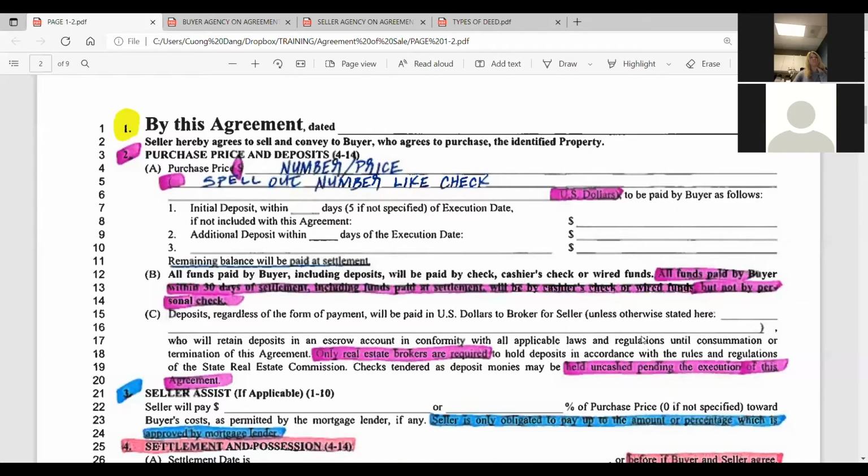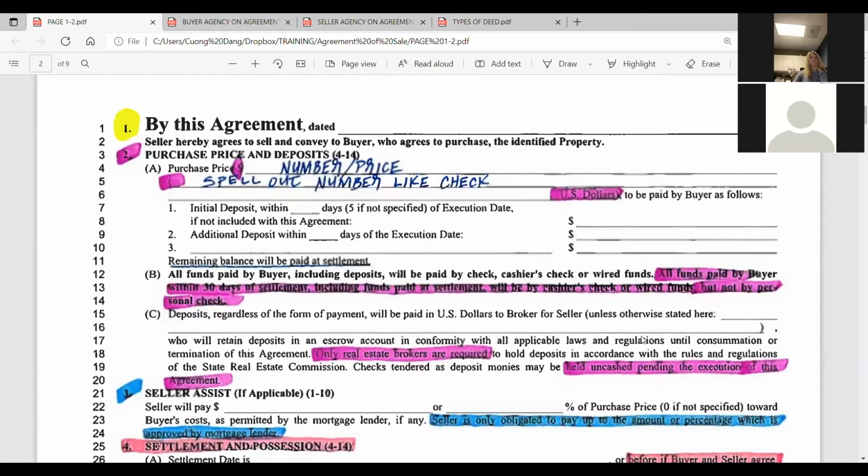Now, the next sentence is a big one because Seth is always on you about this. All funds paid by buyer within 30 days of settlement, including funds paid at settlement, will be by cashier's check or wired funds, but not by personal check.